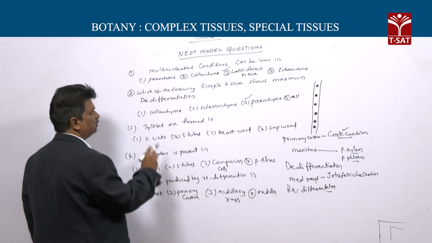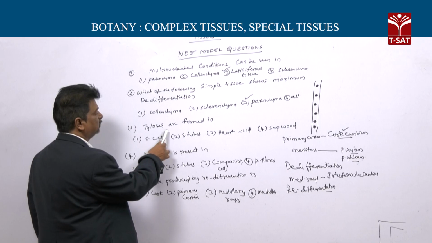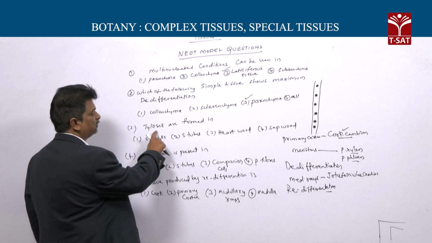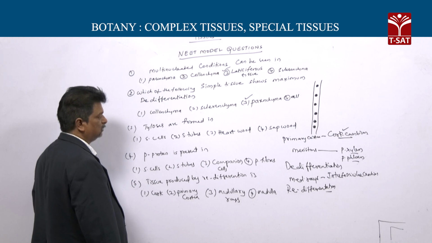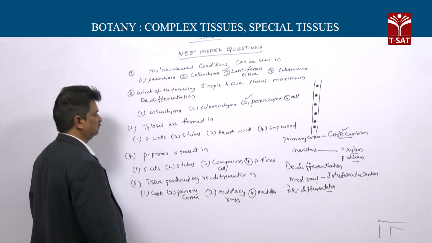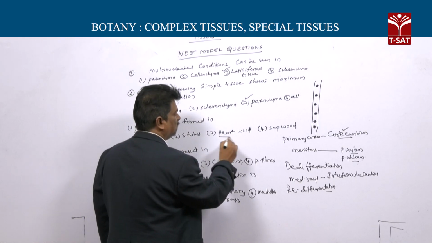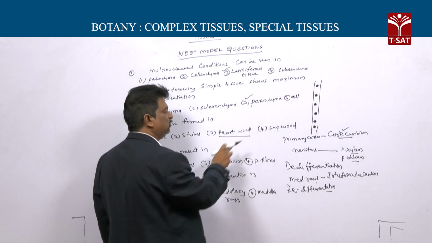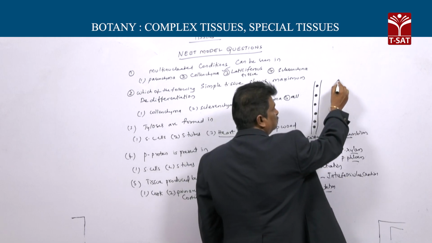The next one, tyloses. Once again I am telling, this is a last year NEET question. Tyloses are actually xylem plugs. So the answer is heartwood. Rightly, secondary xylem is called wood, but wood is of two types, heartwood and sapwood.